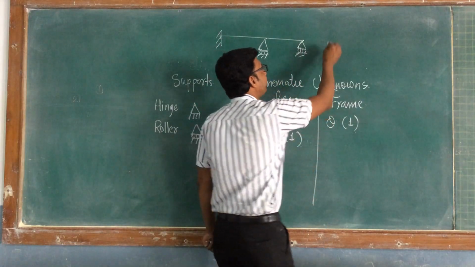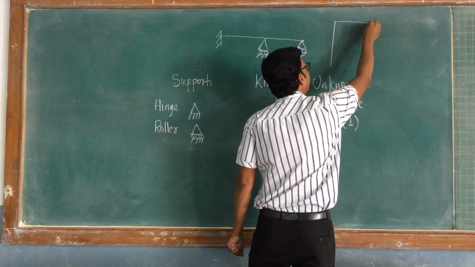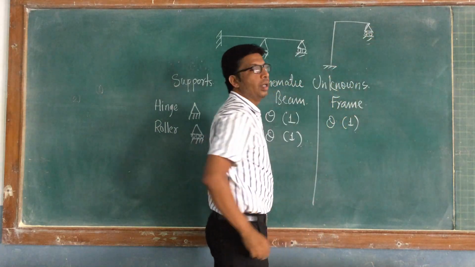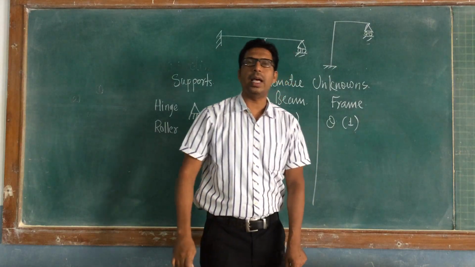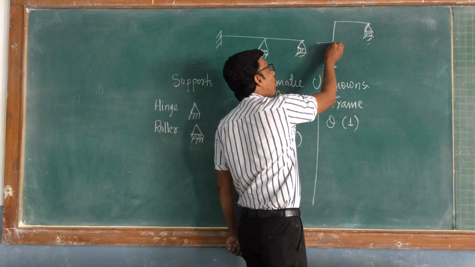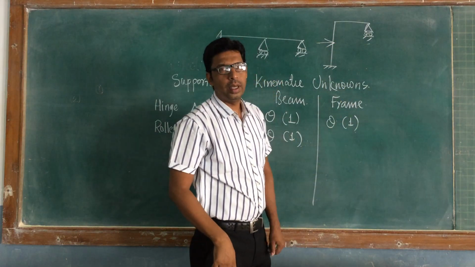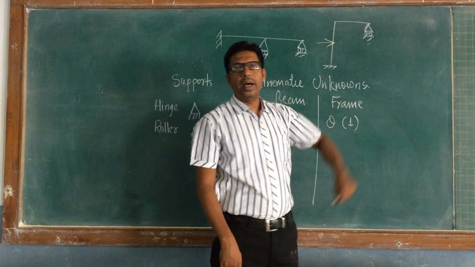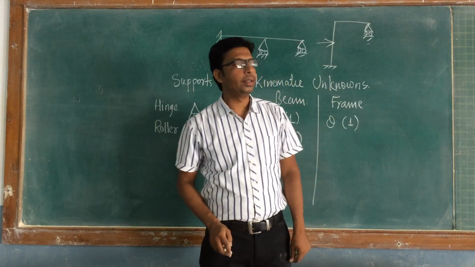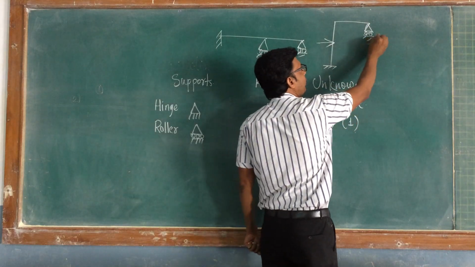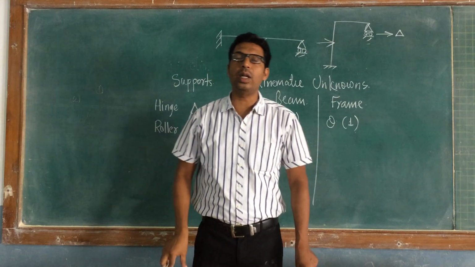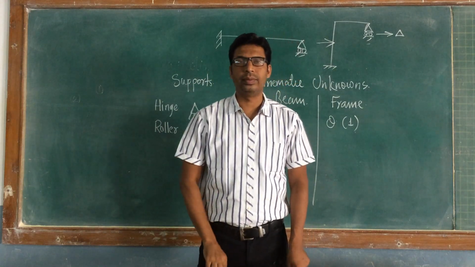If it is a frame, since frame is subjected to horizontal as well as vertical forces, because of horizontal force, any point of the frame can move horizontally, and that's why horizontal displacement at a roller support is possible.